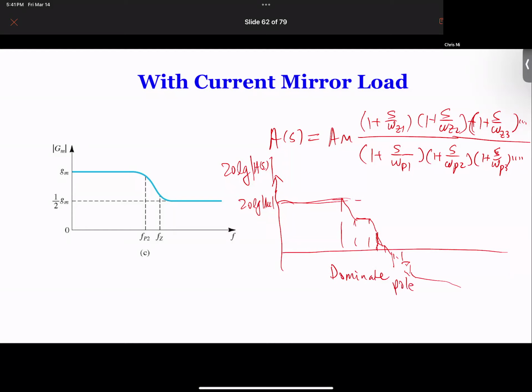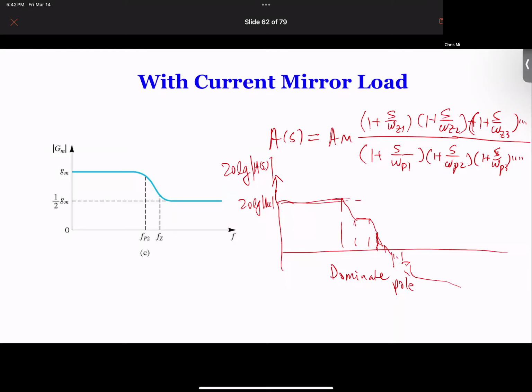The dominant pole is what you need to consider in your design, because anything above that pole is not good for your signal. So if you know the frequency of your signal, you want to design your pole such that the pole is much higher, at least 10 times higher than your operating frequency.